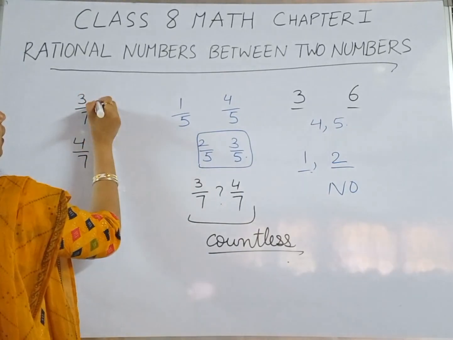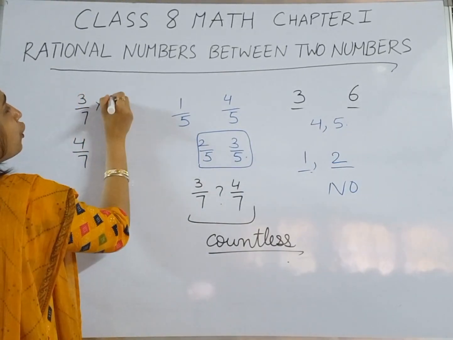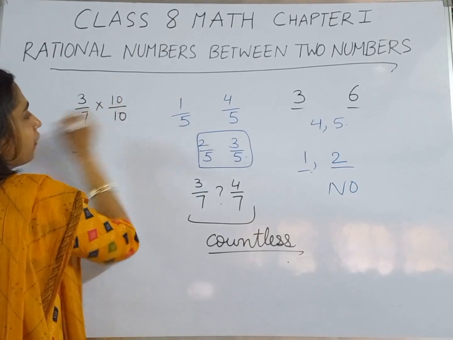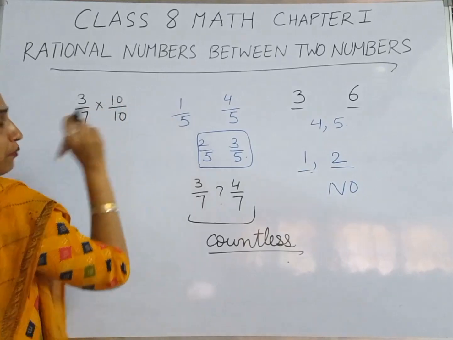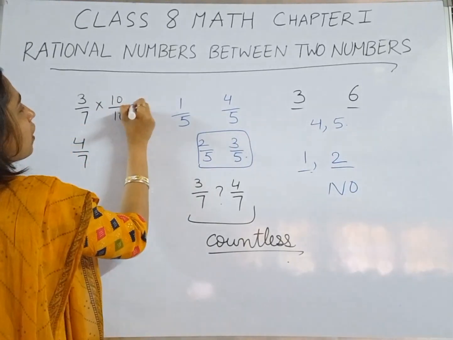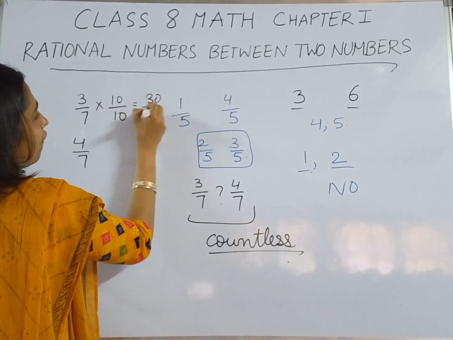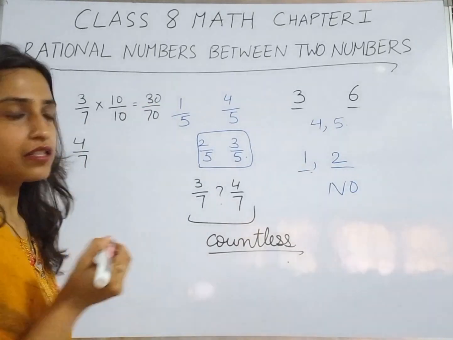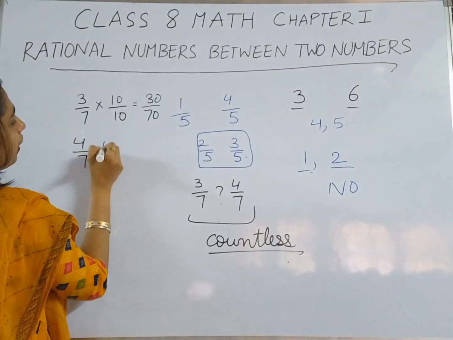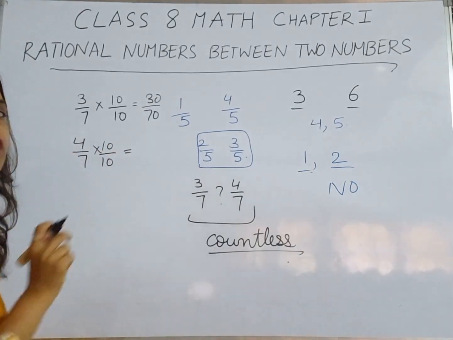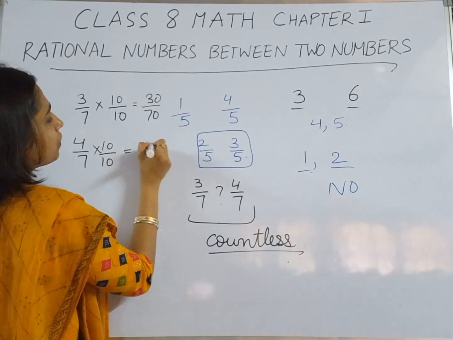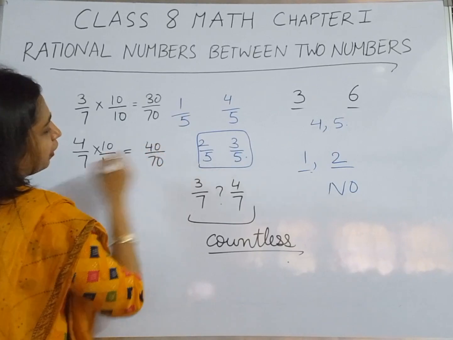So this is 3 by 7. If I multiply numerator and denominator with 10, the number remains the same because I have multiplied with the same number, right? So the number becomes 30 by 70. Same, I can multiply numerator and denominator of 4 by 7 with 10. Then the number becomes 40 by 70.